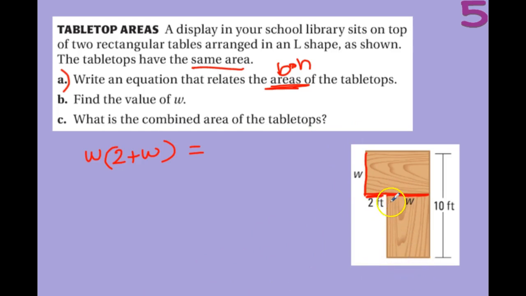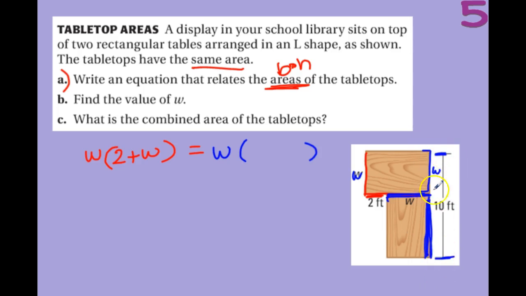Then the second table, base is right here, w, times our height. Ooh, we don't know what the height is. I know the base is w, and I know this whole thing is 10. I just want this piece right here. If this part is w over here, this side must also just be w for this chunk.